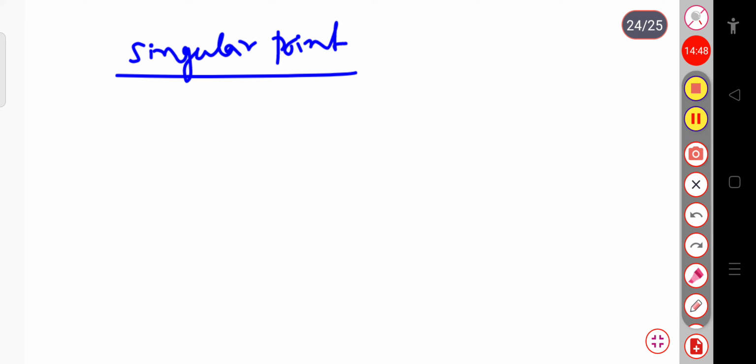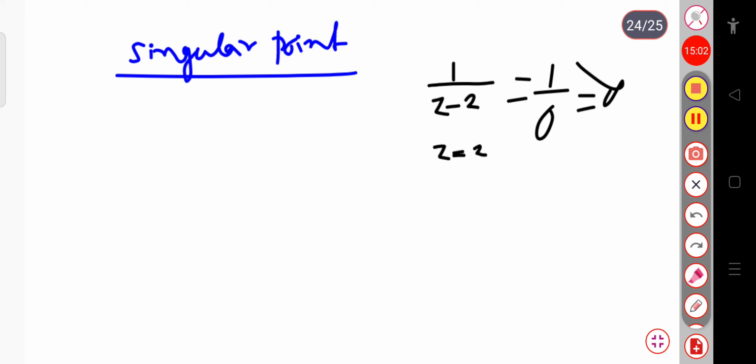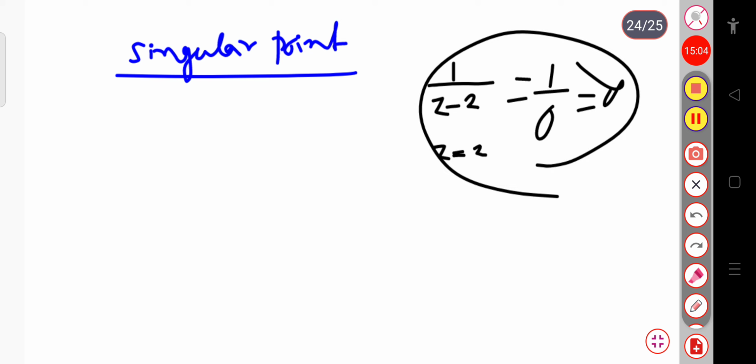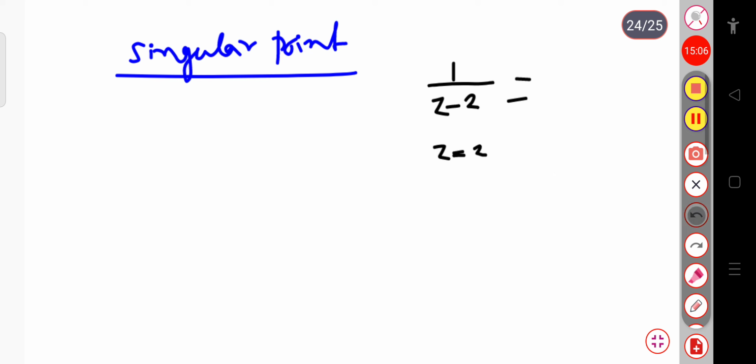For example, if I say 1 by z minus 2, and I put the value z equal to 2, then 1 by 2 minus 2 is 0. So this is 1 by 0, which means it is infinite. So the function is not defined here. In this case we can say that the function at the point z equal to 2 is a singular point.